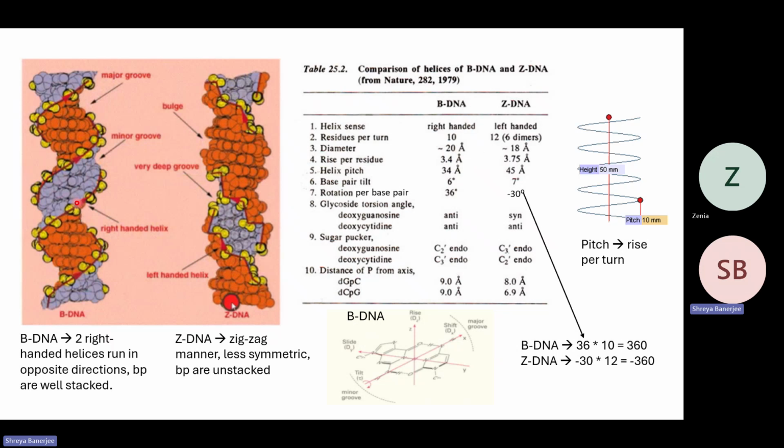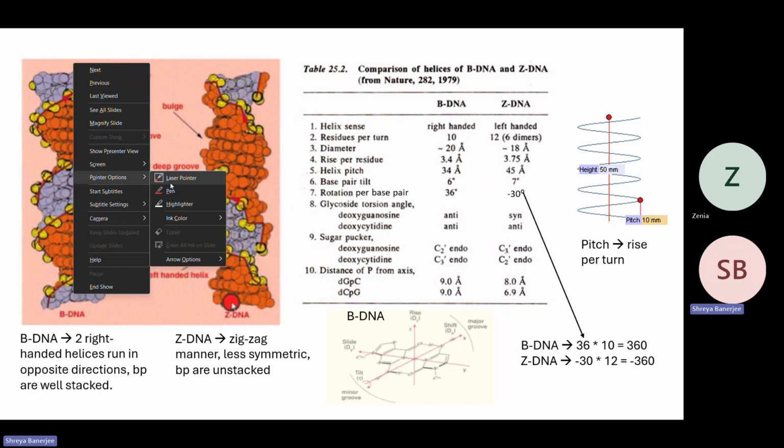Now again, we'll go back to what we saw, the different kinds of DNA. Here we are mainly comparing B-DNA and Z-DNA. In B-DNA, the most common kind of DNA, two right-handed helices run in opposite directions.